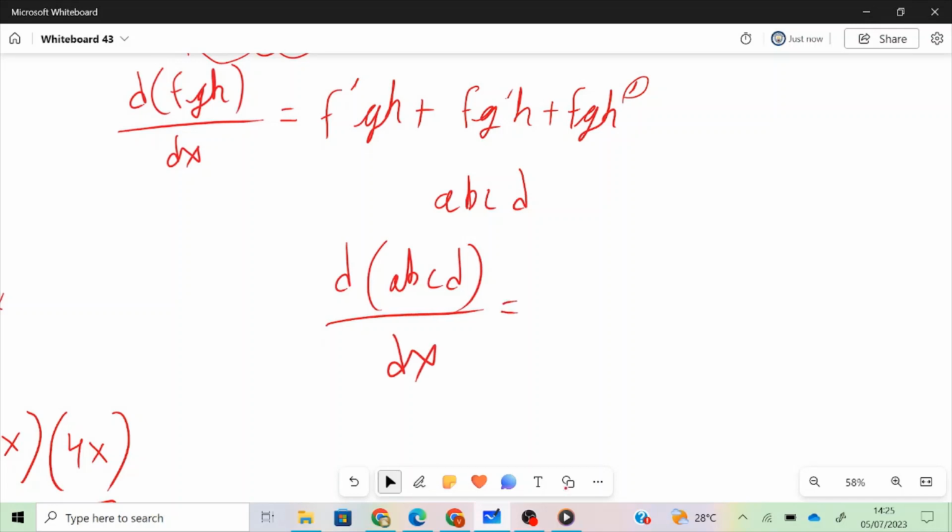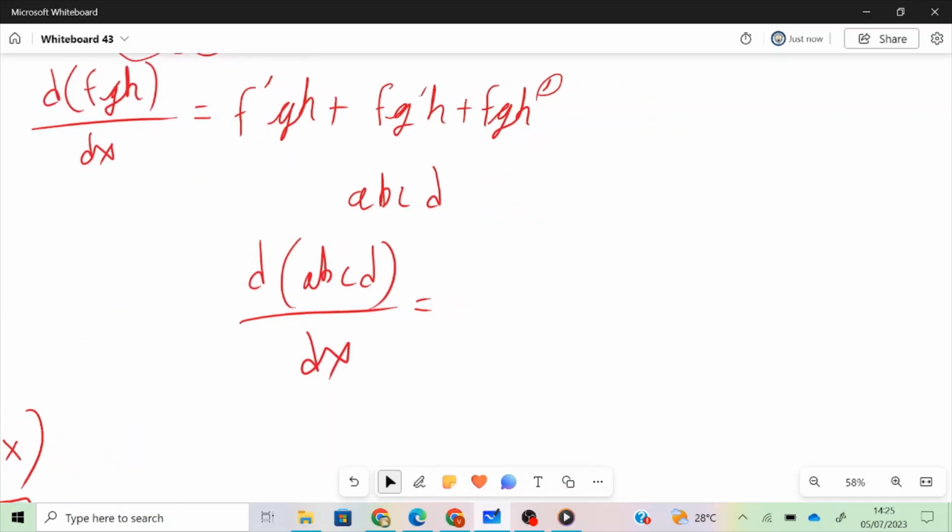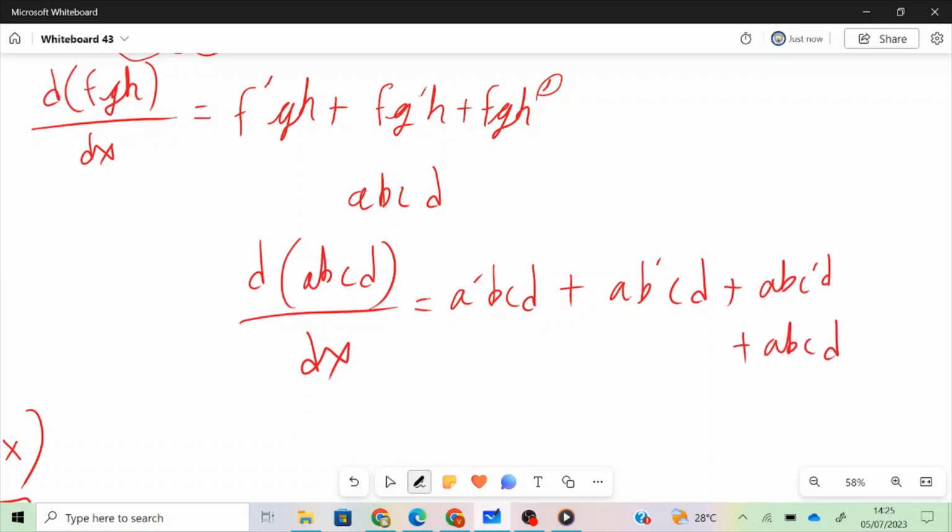It's a chain reaction, it continues going. You would take a prime multiplied with b, c, d, plus a with b prime, c, d, plus a, b, c prime, d, plus a, b, c, d prime.